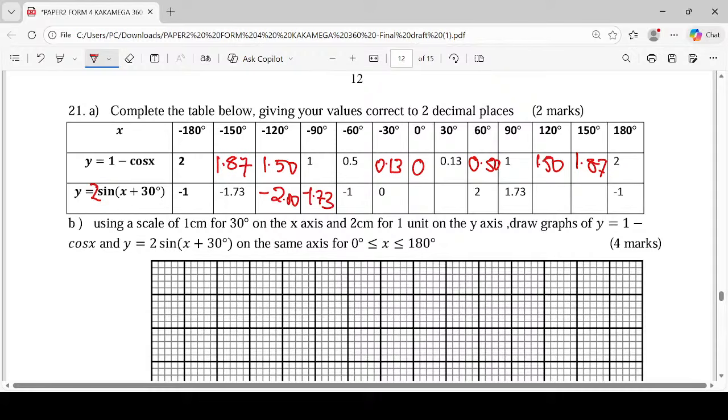Negative 1.73 to 0. That will be now 2 sine 0 plus 30. That's 1 at 30. That's like saying sine 1.73 at 120.